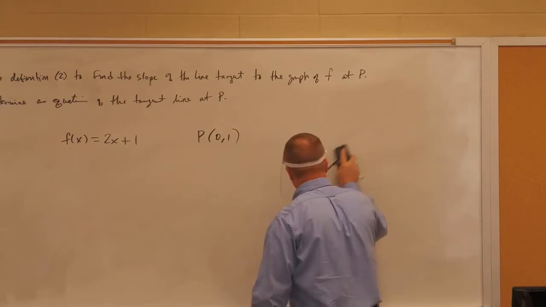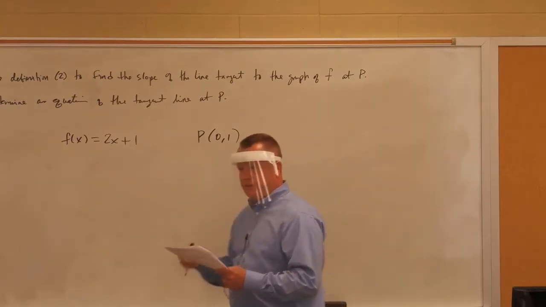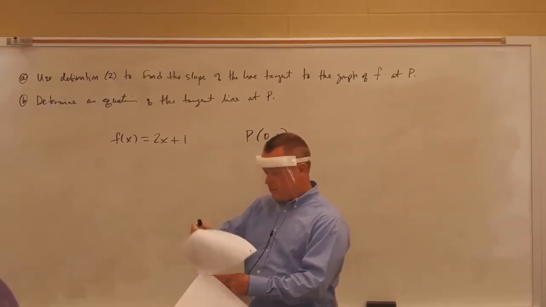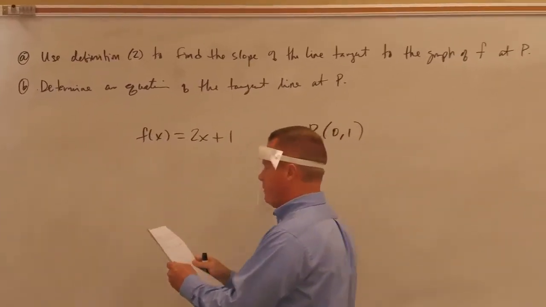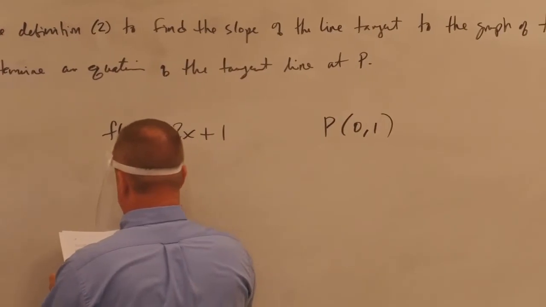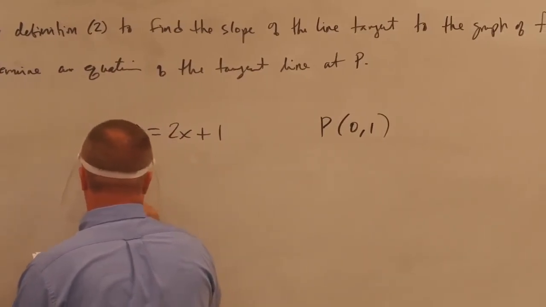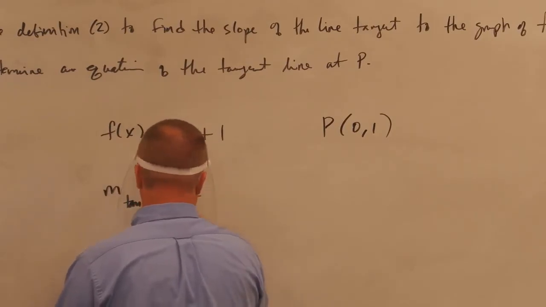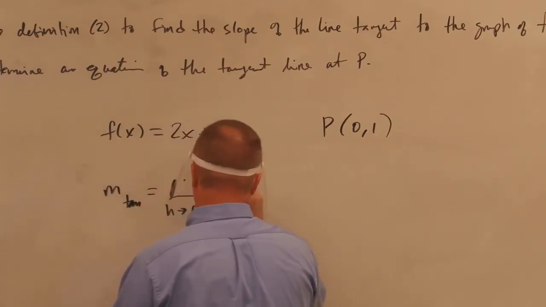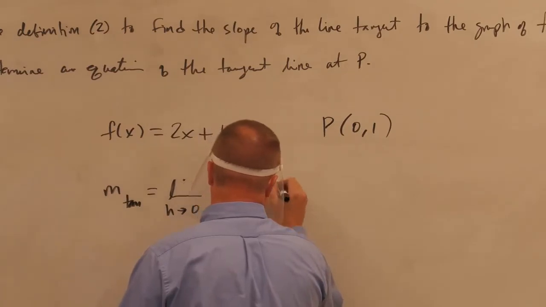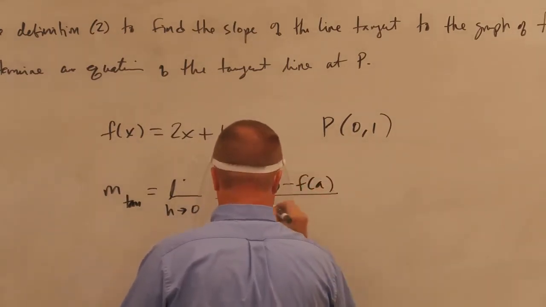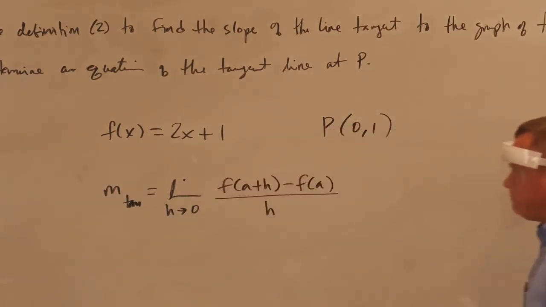Now let's go through the process though, because that's what we always do first. Then we'll see that result. So our formula for this one: limit as h approaches 0 of f of a plus h minus f of a over h.